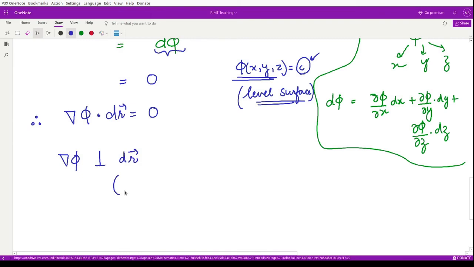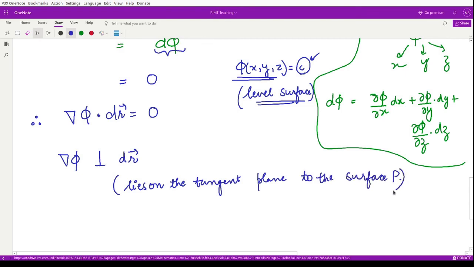And what was our vector dr? Vector dr lies on the tangent plane to the surface at P. So we have fixed some point P, and this vector lies on the tangent plane to the surface.